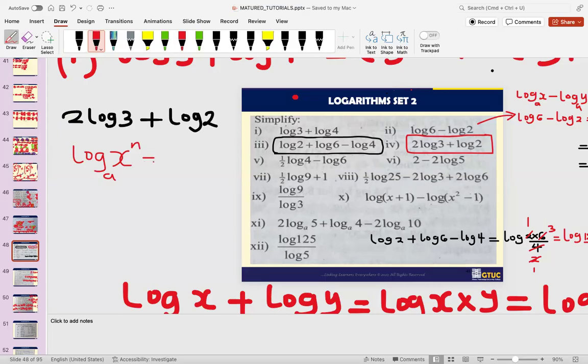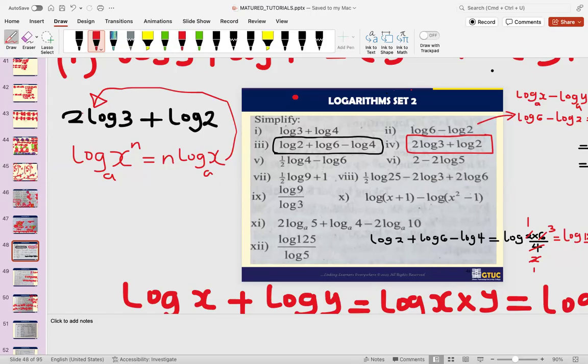So we said this n will go to the back of the log, and then you have n log ax. So if you watch this law, that is what the first term is experiencing now. You see that it's in the form of n log ax.